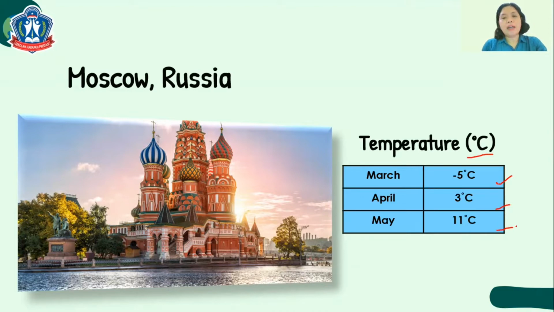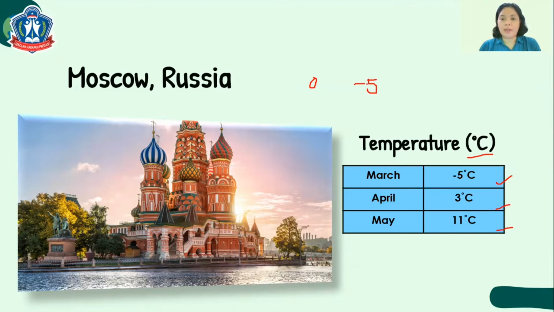Now, how cold are these temperatures? Let's say, what is the freezing point of water? Do you remember in your science lesson? Yes, it's 0 degrees Celsius. And we know how cold an ice is, right? So let's compare 0 degrees Celsius, 0, and -5. Which one do you think is smaller? Is it 0 or -5?